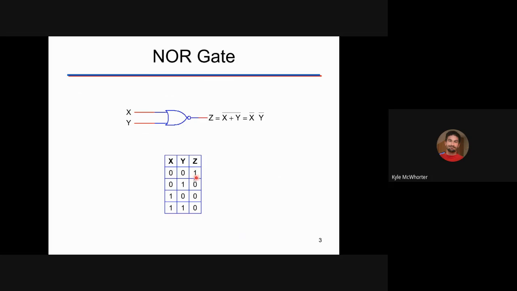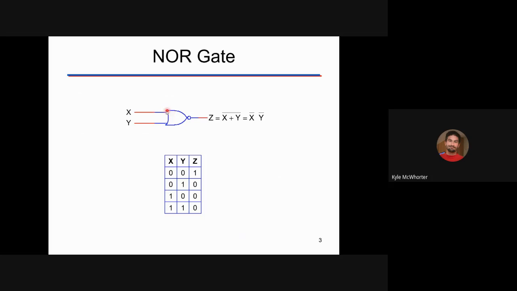So here is the truth table. You only output a 1 when both inputs are 0. If there's a 1 at either input, or if there's a 1 at both inputs, then it's going to return a 0. And then you can see that the gate is just an OR gate with an inverter bubble.